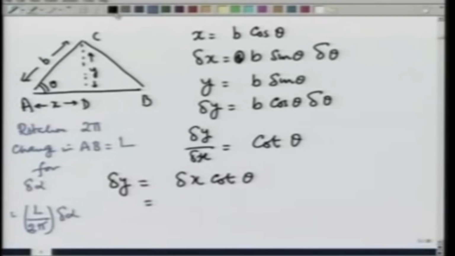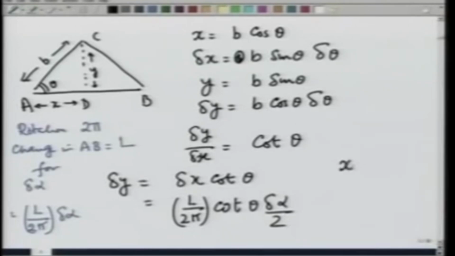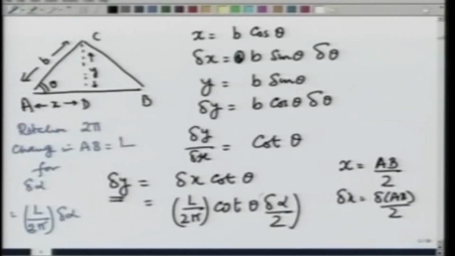So, therefore, delta y is L over 2 pi cotangent theta delta alpha divided by 2. This divided by 2 comes because change in x equals change in AB divided by 2. So, delta x is delta AB divided by 2. So, we have calculated the change delta y related to a change delta alpha.